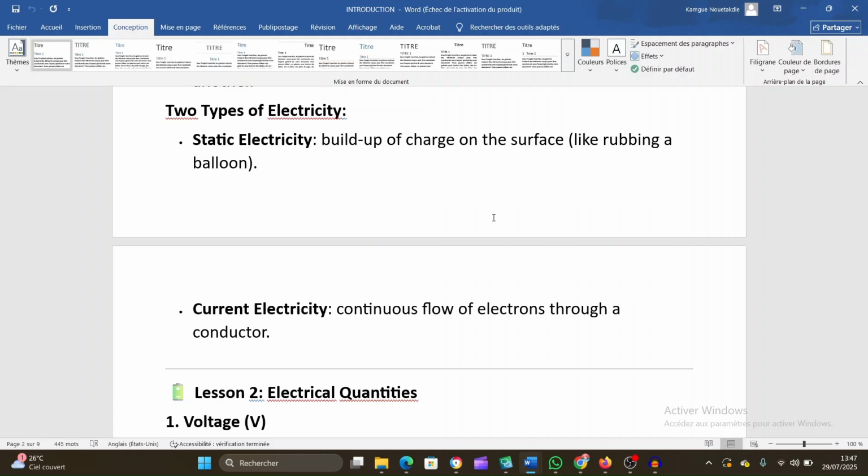So still, we've been able to define electricity and some components or elements that are involved, like atoms. We mentioned electrons, protons, and neutrons, and we mentioned two types of electricity. But in the course, we must be using current electricity. So are there some quantities that are important in our learning process as beginners?